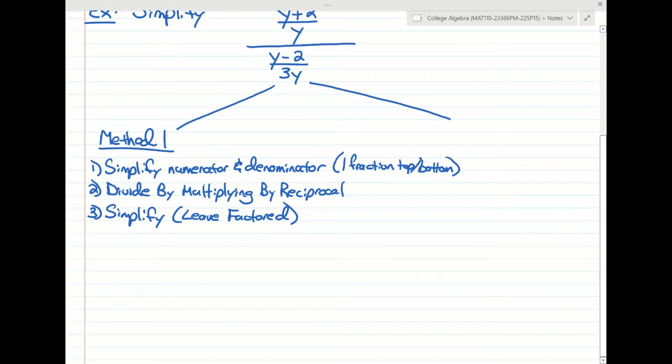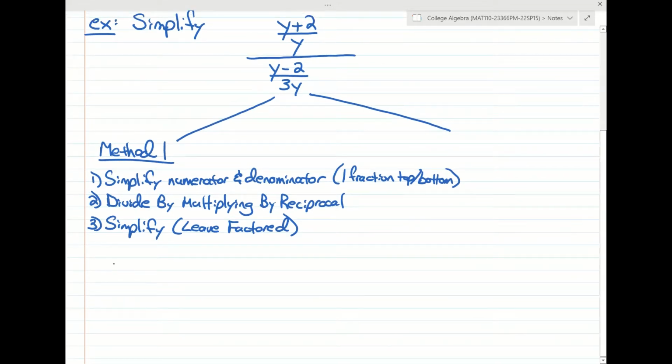So taking a look at this particular problem, we have y plus 2 over y divided by y minus 2 over 3y. This is called a complex fraction because you have a fraction in the numerator, a fraction in the denominator, and the whole thing itself is a fraction. So as you can see, the top is just one fraction. The bottom is just one fraction.